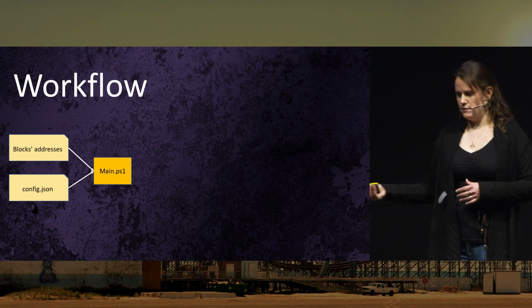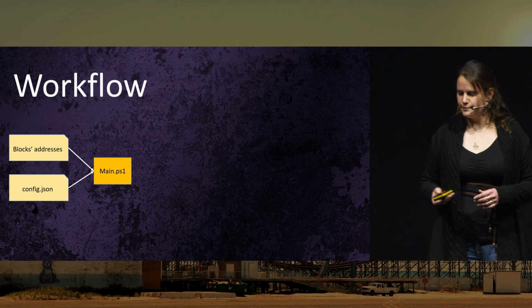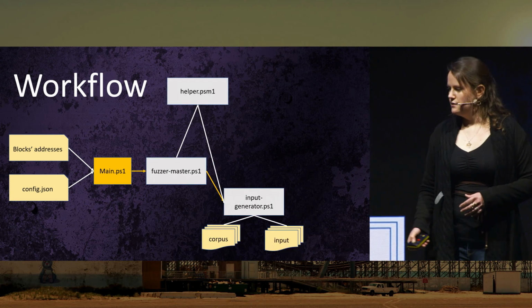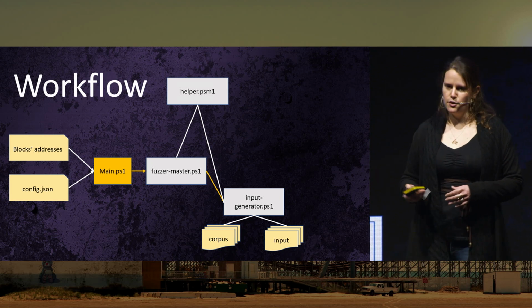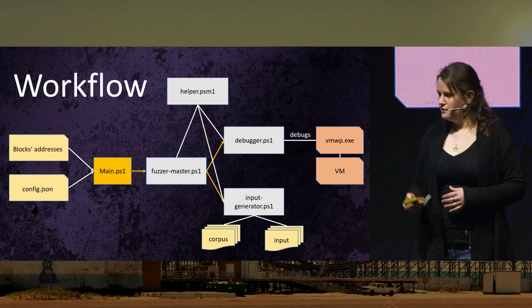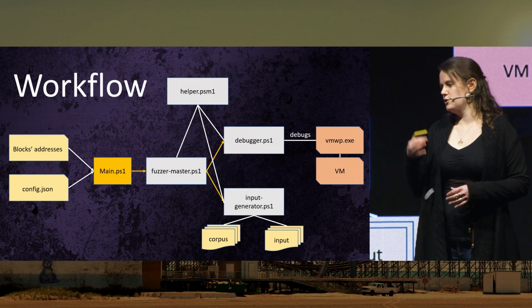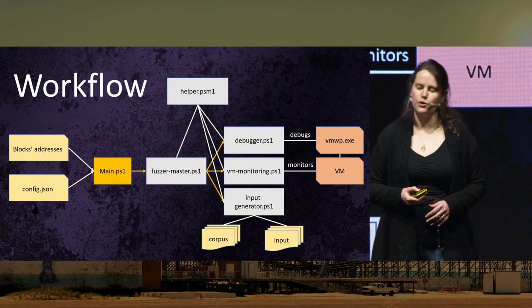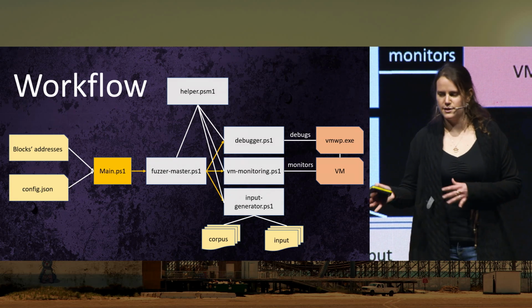And then the main can be started. If the arguments are valid, the fuzzer master starts. Then it starts the input generator, which prepares some files for the fuzzer to work on. Then it starts the debugger, which attaches to the Vmworker process that holds the VM, and eventually a monitoring process is started. So this is what it looks like in the end.